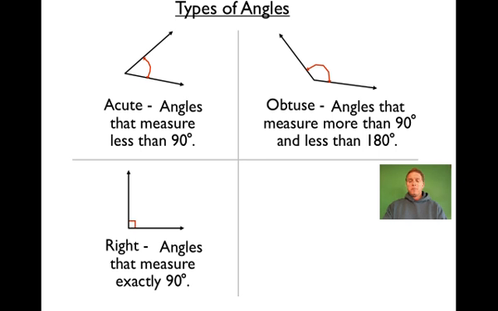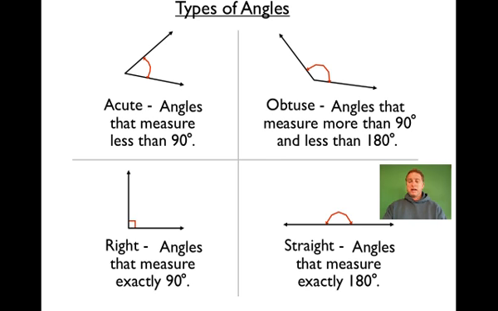So it's bigger than a right angle but less than a straight line. I think of obtuse, I think of obese, which means fat. So I kind of think of this as like the fat angle because it's big. Then you have your straight angle, which is basically a straight line, and it measures exactly 180 degrees.